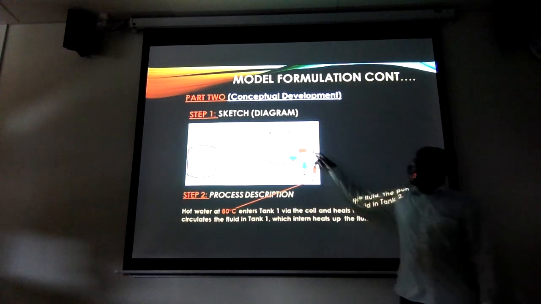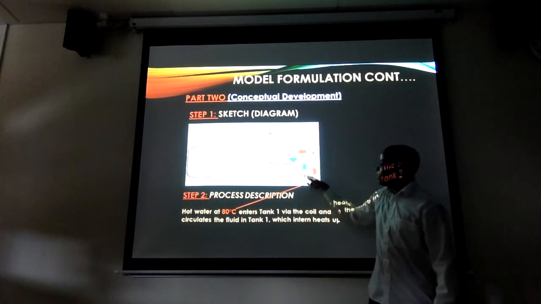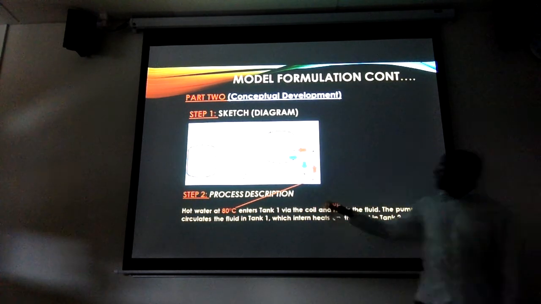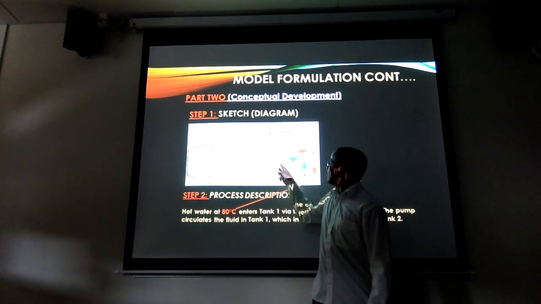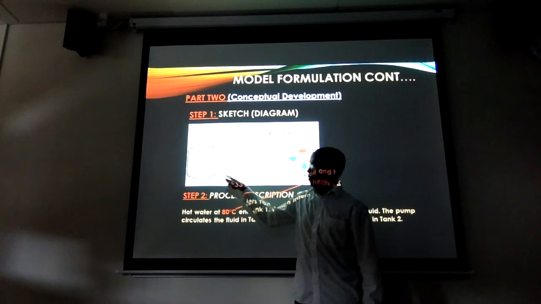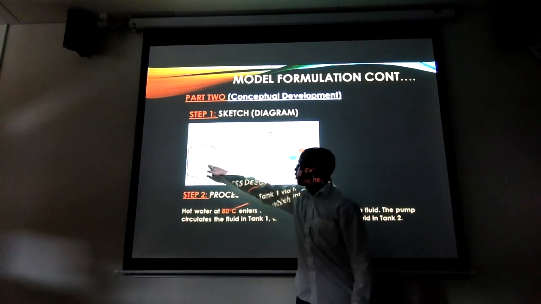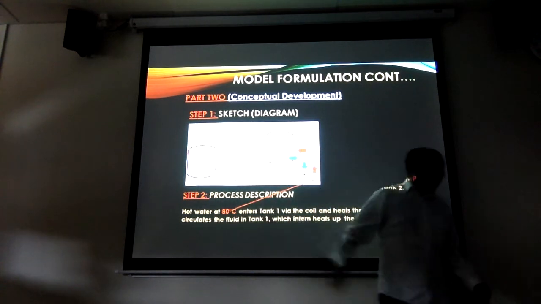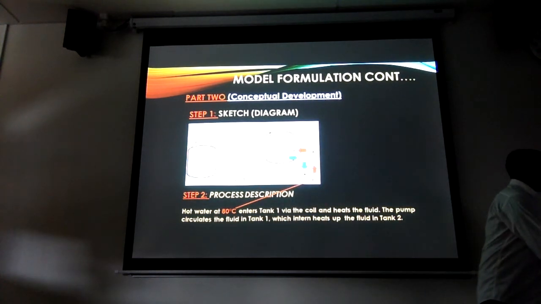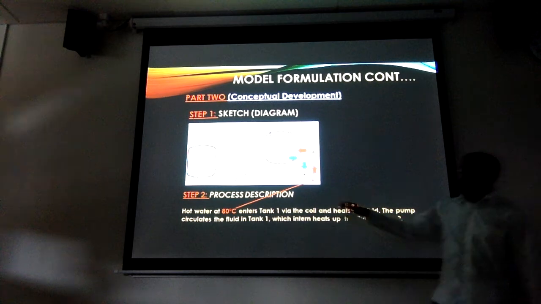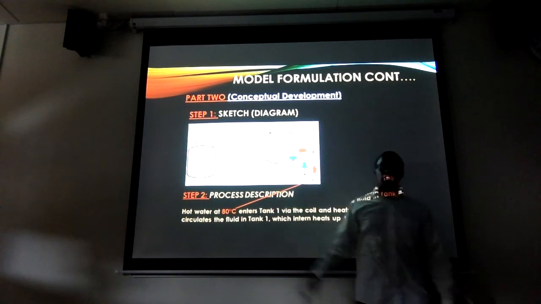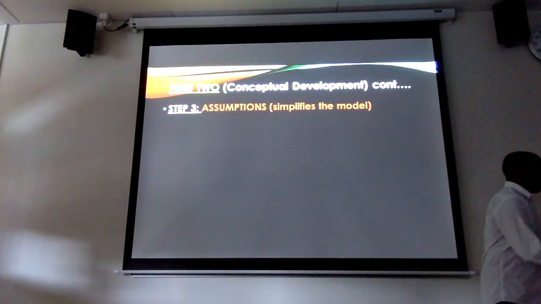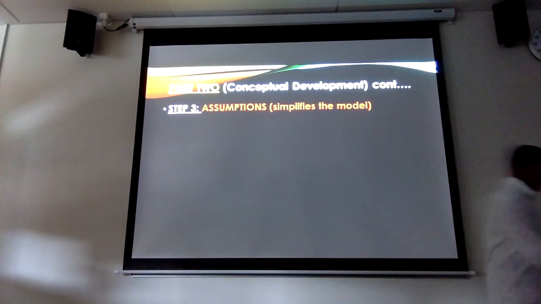Okay, it's given its heat to the product, and it leaves as cold water. Okay, and then the product in here is being recirculated by this pump. So it's being pumped into this tank, which is being heated up. And then it comes back. So it's a closed loop here. Okay, so that's the process description. And then part 3 is assumptions.